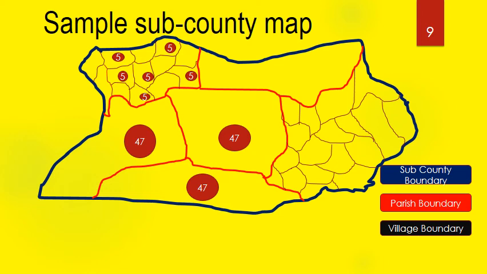If it gives us 5, it means that from each village we are going to pick 5 households from which to collect data. And the characteristics of that data collected will be representative of the total number of households, or of the total population.